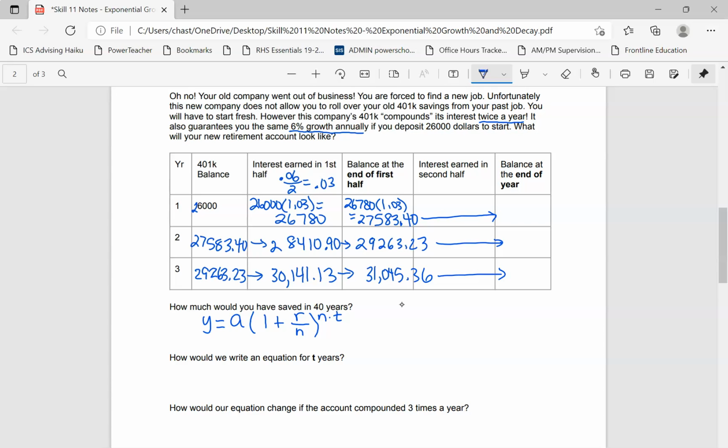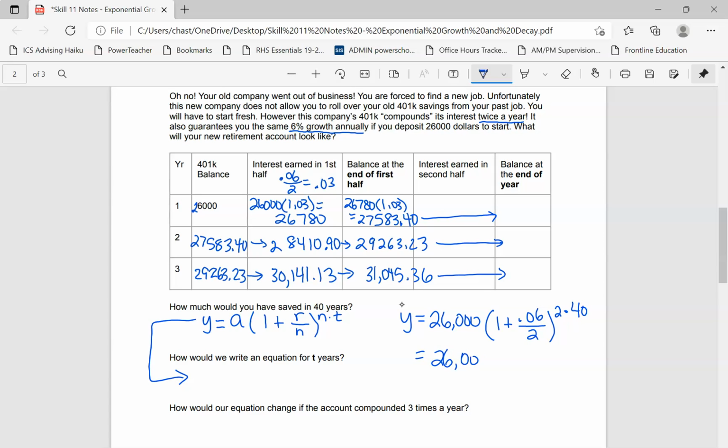So this is actually the equation. I'm actually doing this for here. And then what I'll do is I'll plug in my 40 and my 2 and my 26,000. So we're going to have 26,000 multiplied by 1 plus 0.06 divided by 2 to the 2 times 40 power.